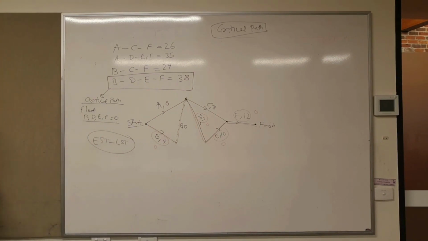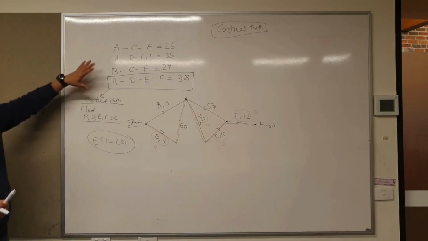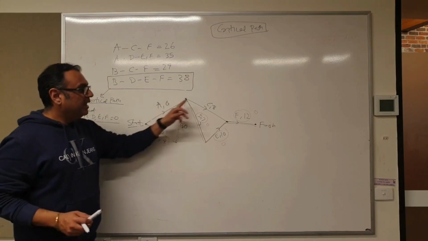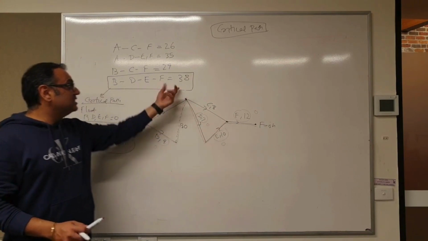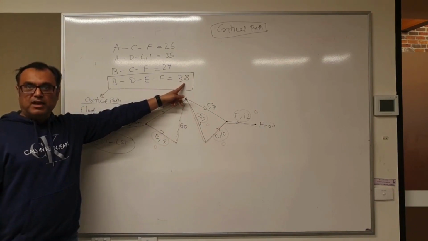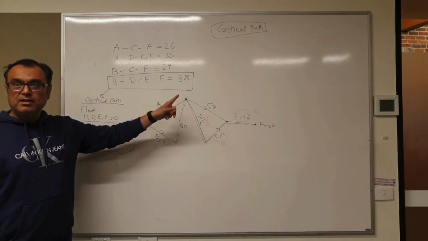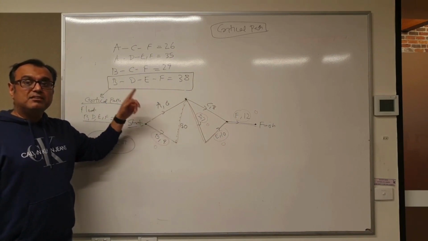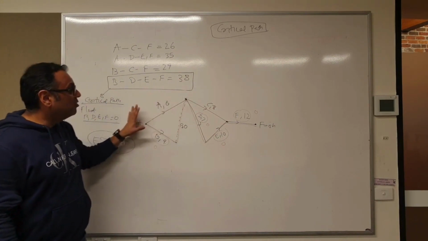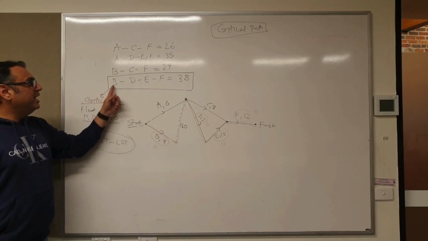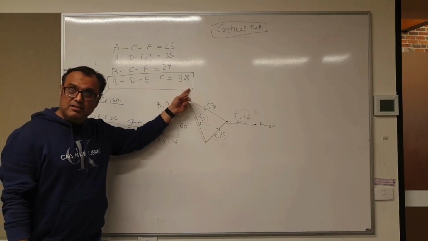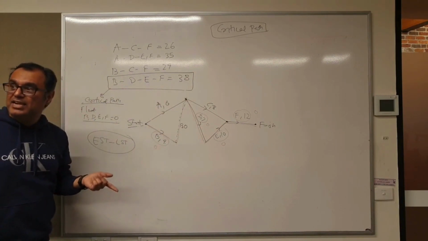Now let's try to understand the earliest start time first. Is this clear? So again repeating, any path which has the maximum amount of time is the critical path. Critical path is the minimum time for the project to finish. You cannot delay activities on the critical path.